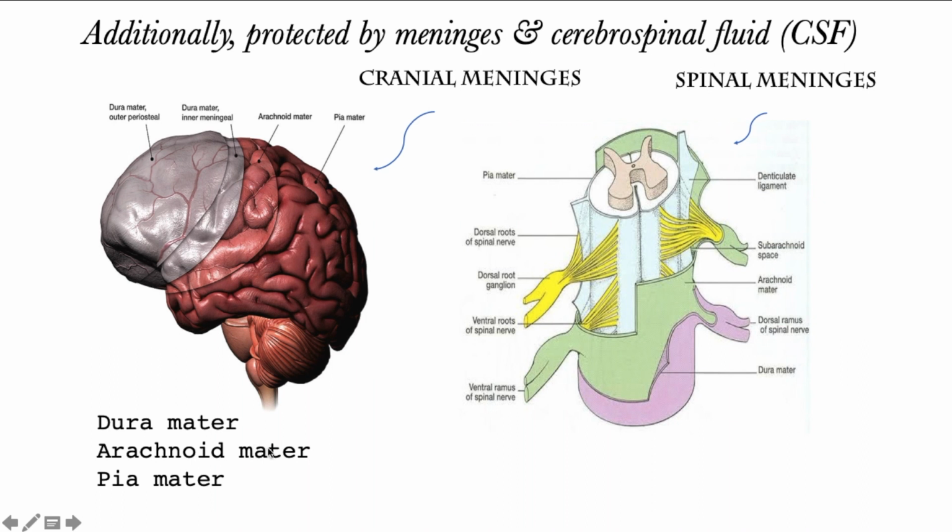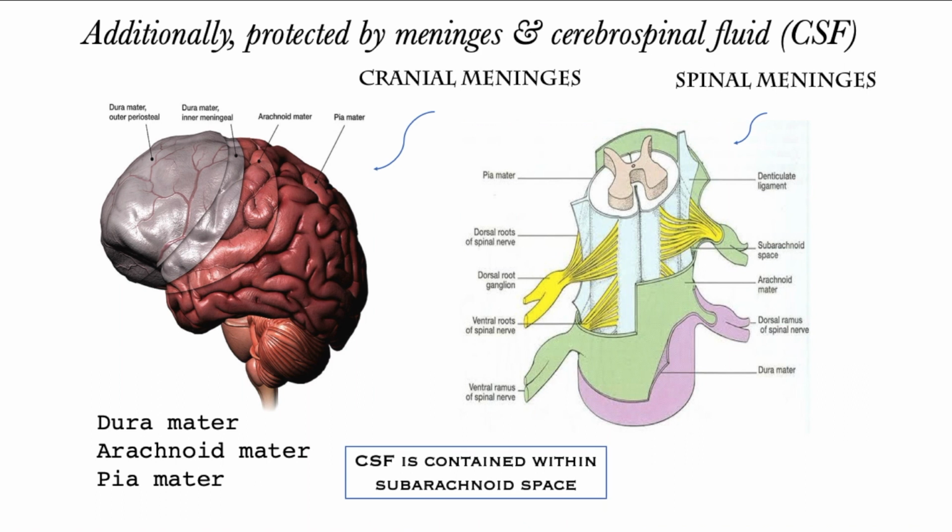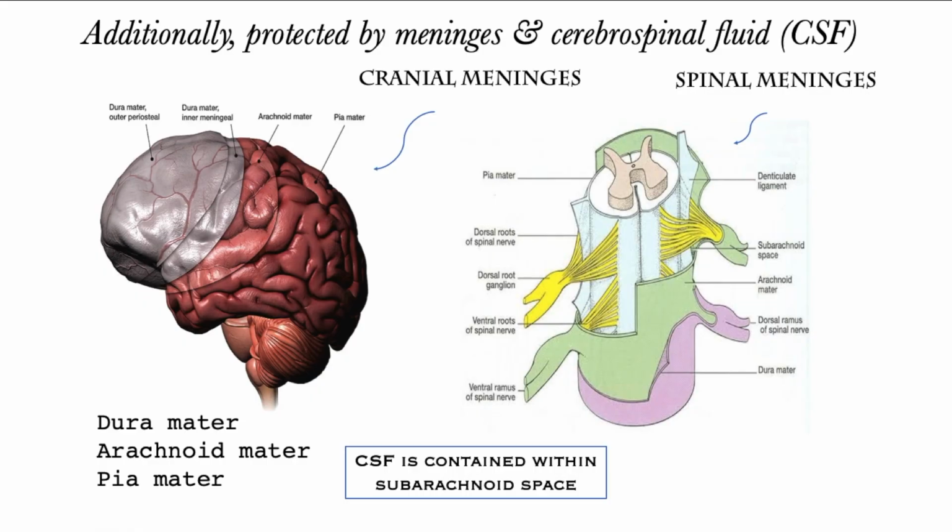There is a space between the arachnoid mater and pia mater, which we call the subarachnoid space, and the fluid present within the subarachnoid space is cerebrospinal fluid, which offers extra protection to the brain and the spinal cord. The CSF is present not only in the subarachnoid space, but also within the ventricles and the central canal of the spinal cord.